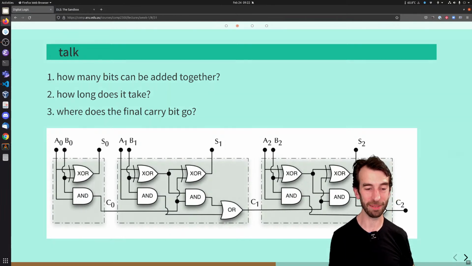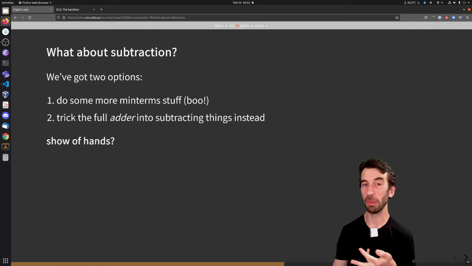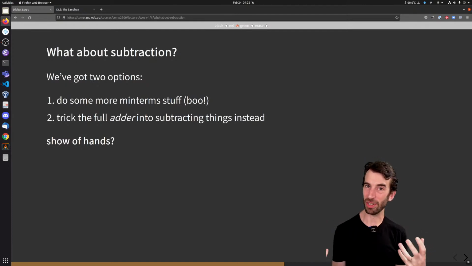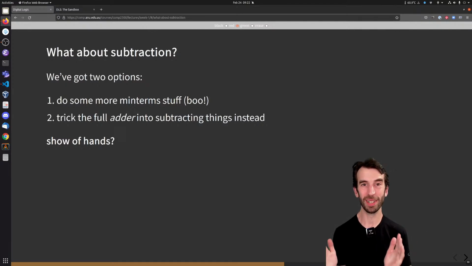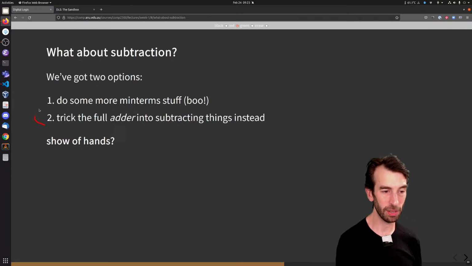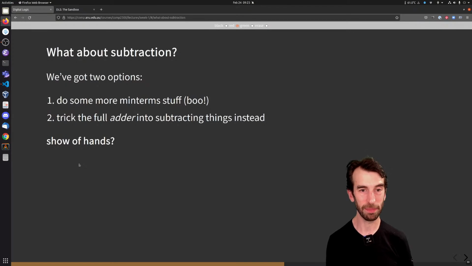It's an adding machine. For subtraction, we've got 2 options. We could make a completely different machine just for doing subtraction, or somehow we could take advantage of this funny property of limited value arithmetic and use the full adder to do subtraction again. I'm saying we're going to go with option 2. We're going to trick the full adder into subtracting things.